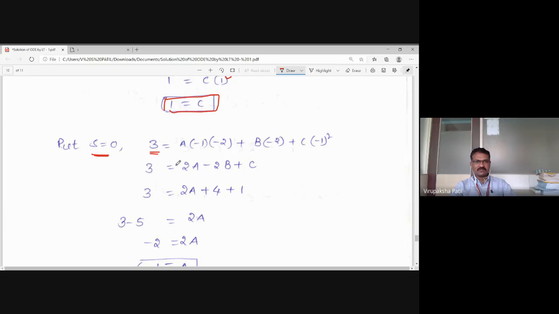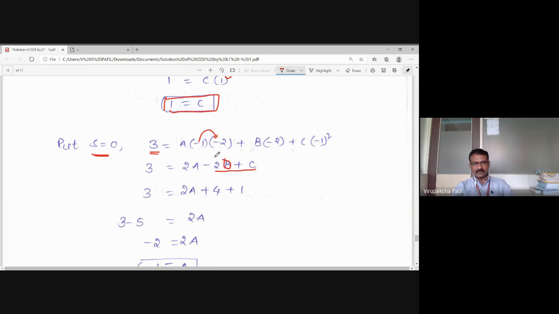So this becomes 3 is equal to 2a minus 2b plus c, because minus into minus is plus 2a, then it becomes minus 2b, then minus 1 whole square is 1, so 1 into c is plus c. So you get 3 is equal to 2a plus 4 plus 1, because c value is 1 and b value is minus 2.